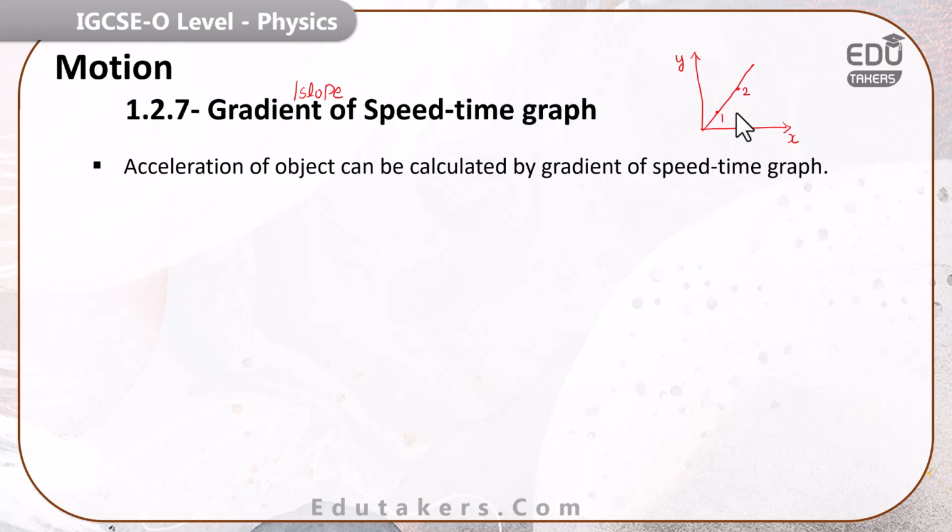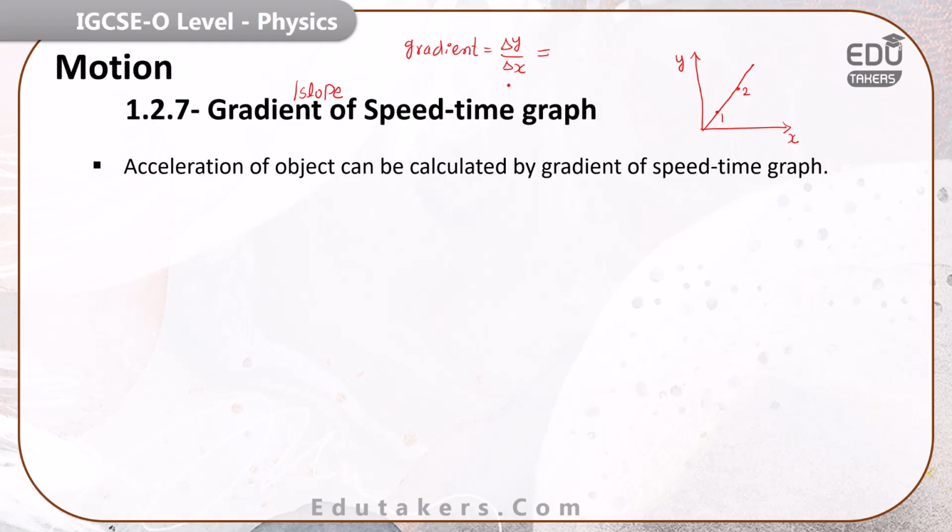Now if you want to find out the gradient, just use the formula: gradient is equal to change in y, delta y, over change in x, which is delta x.